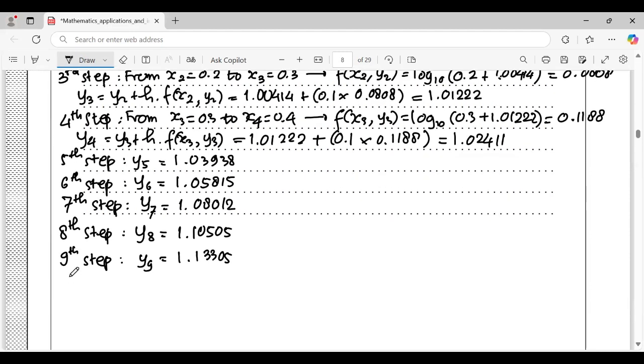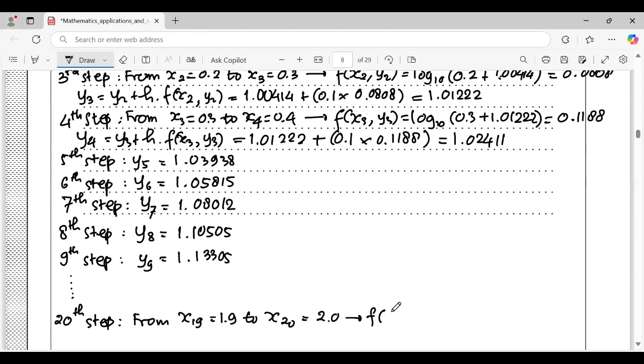And you can continue to calculate until the 20th step. Okay, I have calculated this. From x19, 1.9, to x20, 2.0.